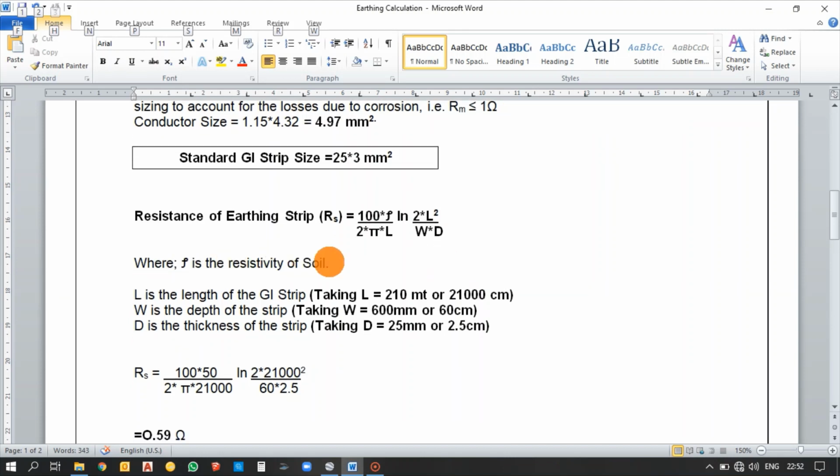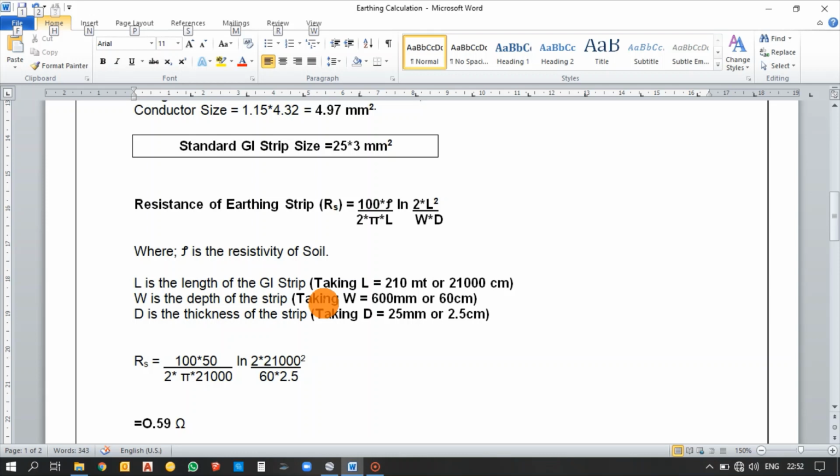Rho is the resistivity of the soil we have calculated, that is 50 ohm, and L is the length of the GI strip we are taking. L is 210 meters, that is 21,000 centimeters. W is the depth at which we are going to bury the strip, taking it as 600 mm, that is 60 centimeter, and D is the thickness of the strip we have selected, 25 mm, that is 2.5 centimeter.